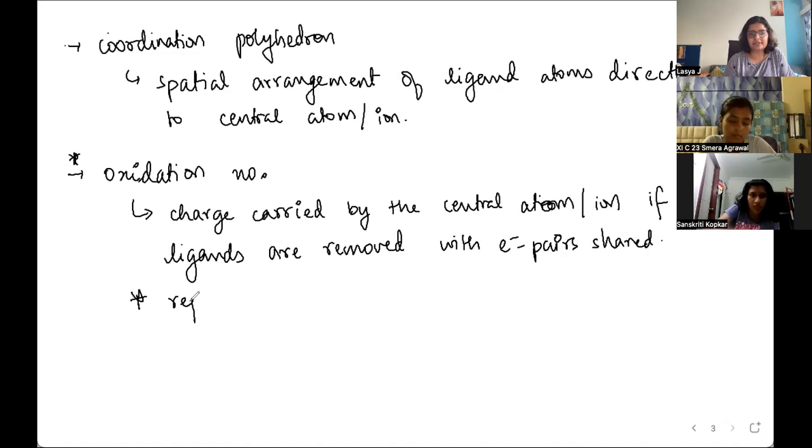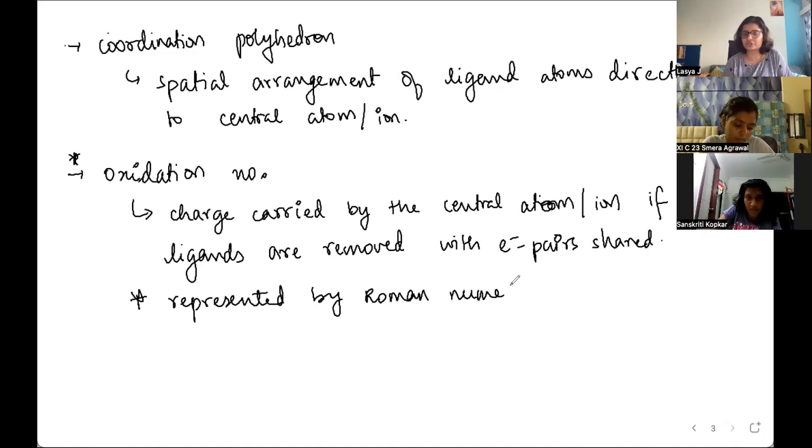It is represented by Roman numerals in brackets. This is carried over to your normal salts also. You come across iron(II) oxide, iron(III) oxide, right? It tells you the charge present on iron there.